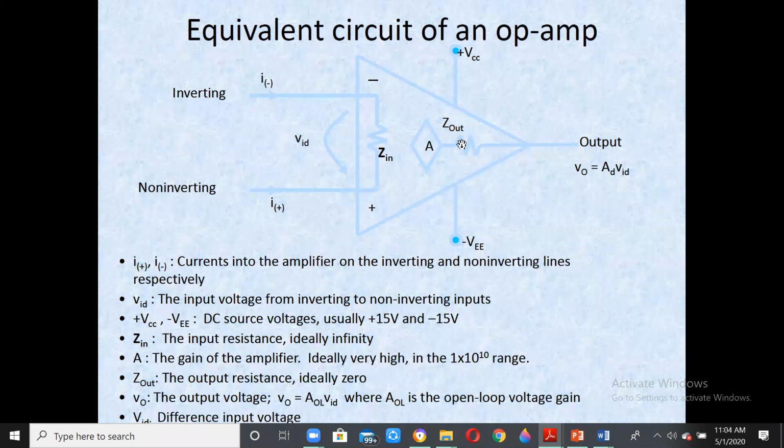Similarly, we have the output impedance, which is very low, and which will become much lower if you connect proper feedback, particularly voltage series type of feedback, which we'll be using very often.